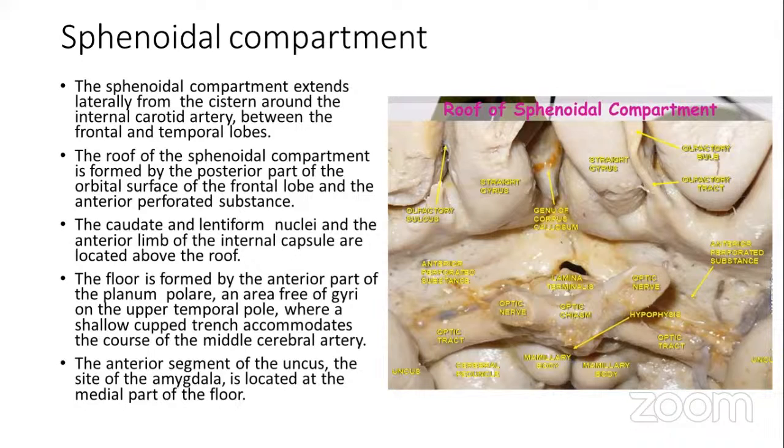And in the midline, we have the caudate and lentiform nuclei, as well as the anterior limb of the internal capsule that are located above the roof. The floor is formed by the anterior part of the planum polare and an area free of gyri on the upper temporal lobe, where there is a shallow trench which accommodates the M1 of the middle cerebral artery. The anterior segment of the uncus and the site of the amygdala is located in the medial part of the floor.